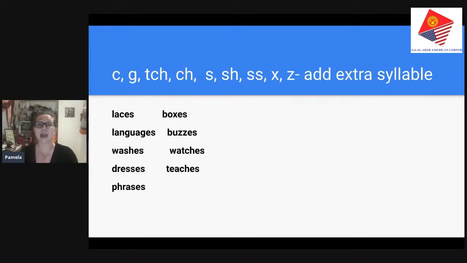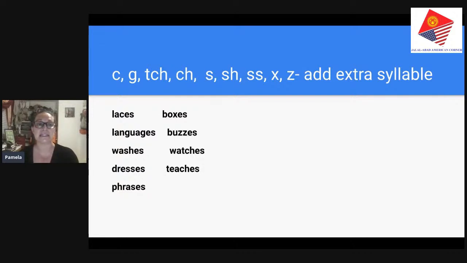So these you do add an extra syllable. For C, G, TCH, CH, S, SH, double S, X, and Z, you will add an extra syllable.